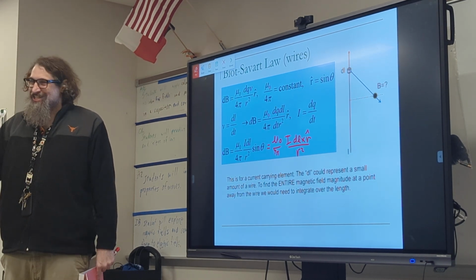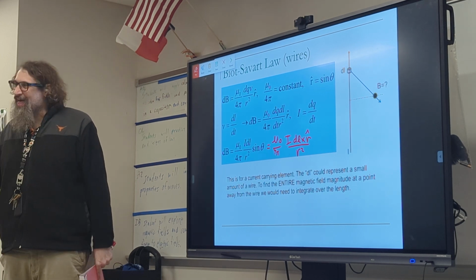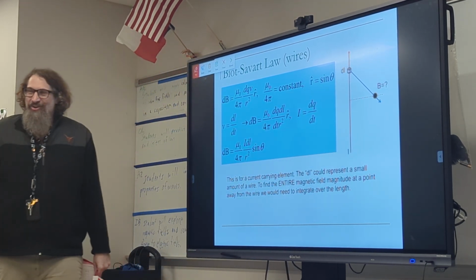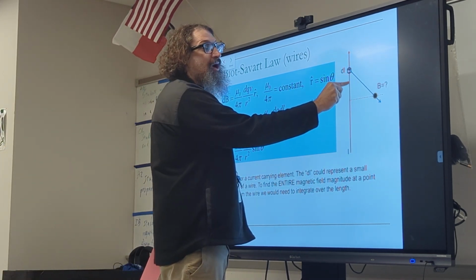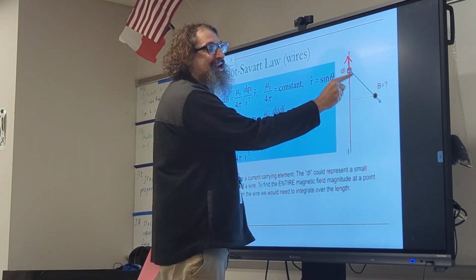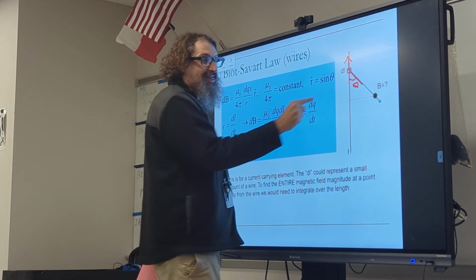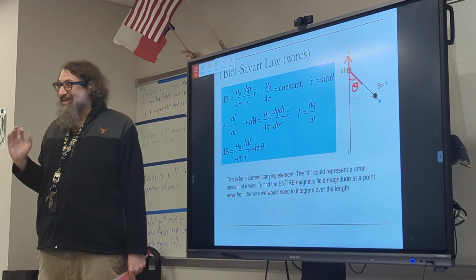I hate that. It makes no darn sense to me. You know what all that means? Sine of the angle, which is the angle the wire and the radius make. It's this angle right here. That's what you need to know.